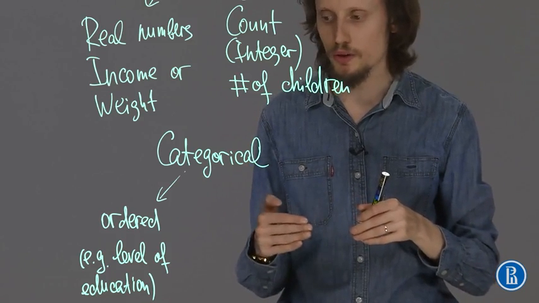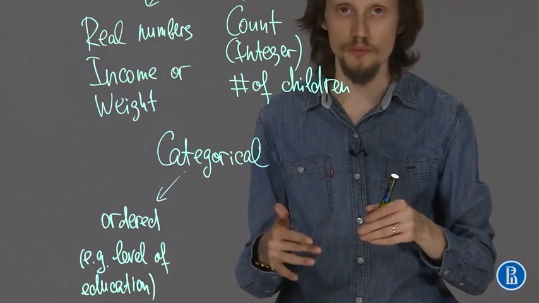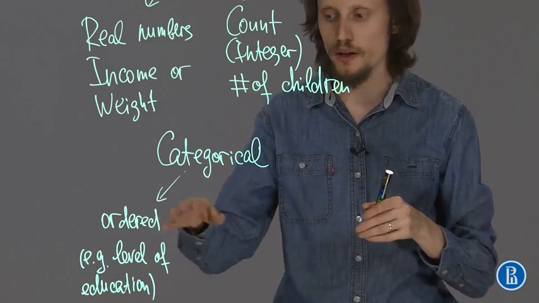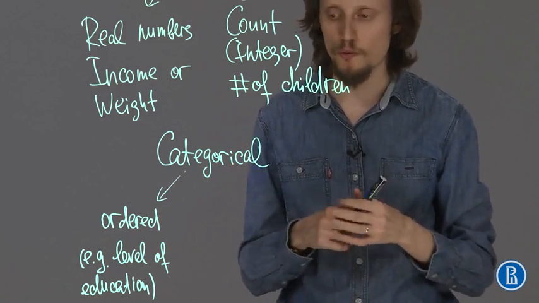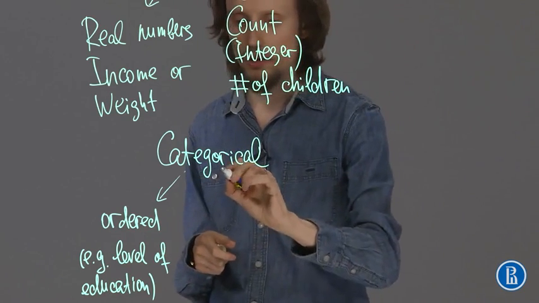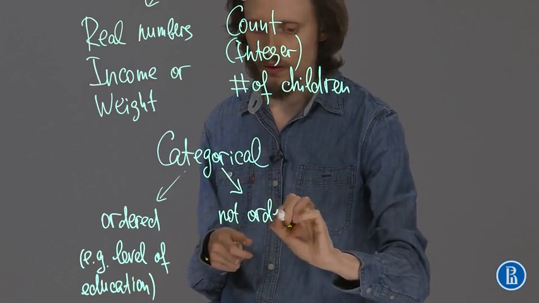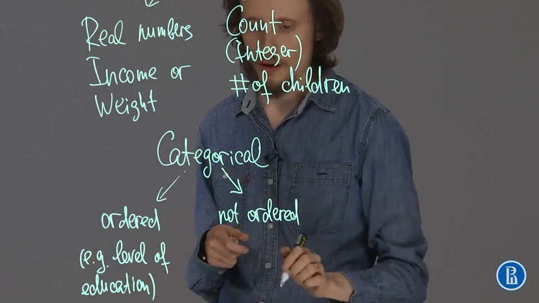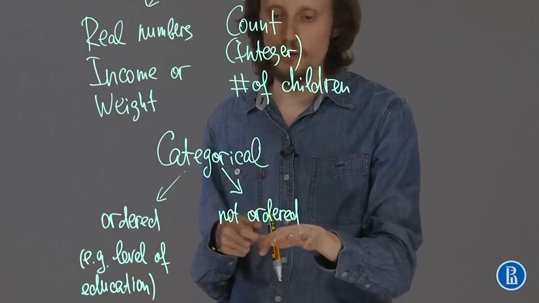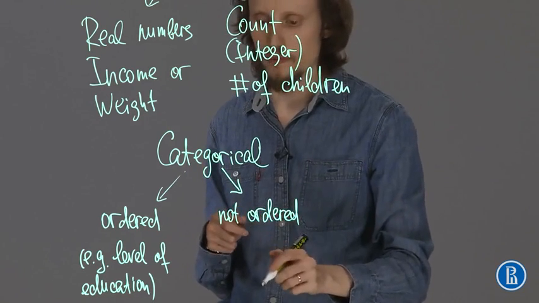And also it is possible that we have a categorical variable that does not contain any order on the set of possible values, not ordered. This kind of variable is also called a nominal variable.